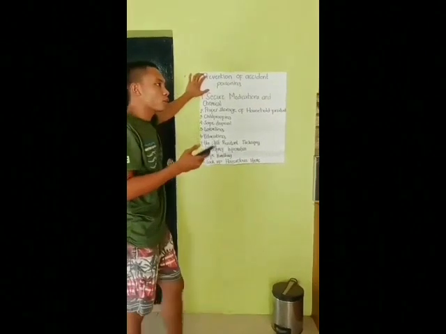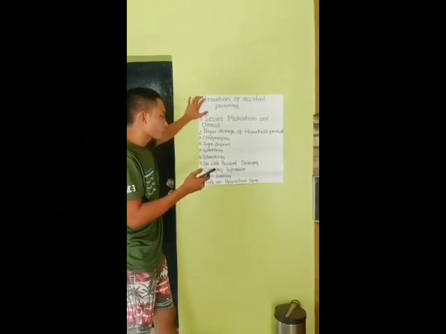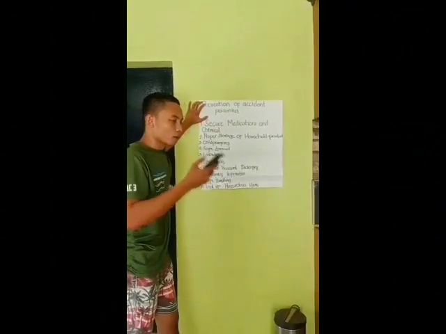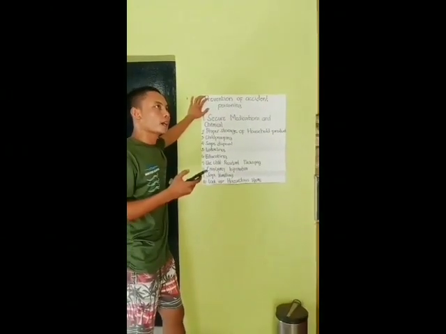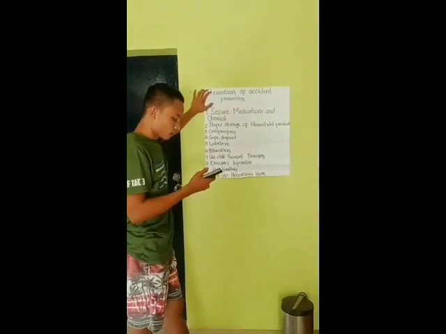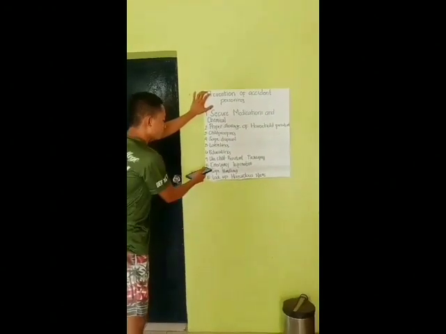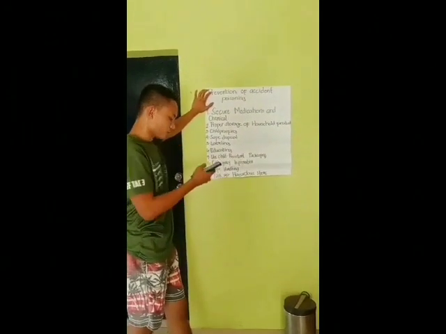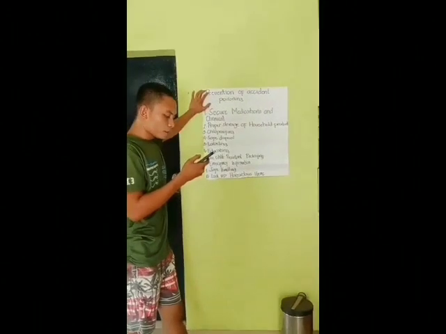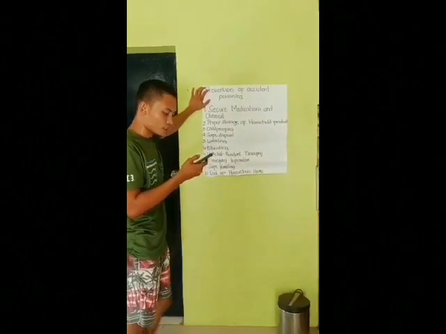You should use products, for example medicines, that match the illness. Then number 8 is emergency information. Keep emergency numbers, including the Poison Control Center, accessible.